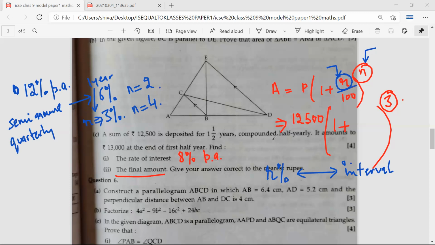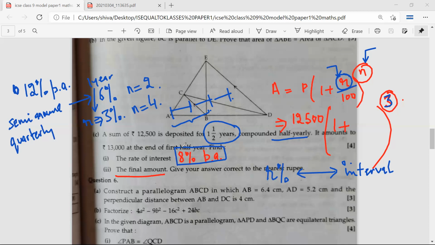Now your compounding is being done half yearly. You are taking 1.5 years. So your n would be equal to 3 because there will be 3 intervals: 1, 2, 3. Your rate of interest is annual. You'll have to take the semi-annual rate of interest.